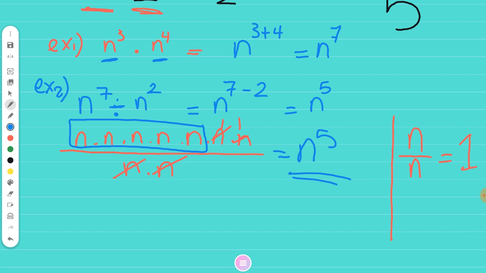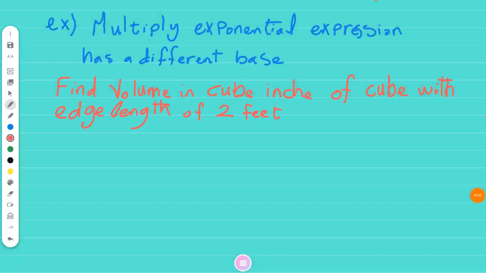Okay? Let's take some examples. Actually, we know that the volume of a cube equals edge times edge times edge. But we can write the edge as a side.